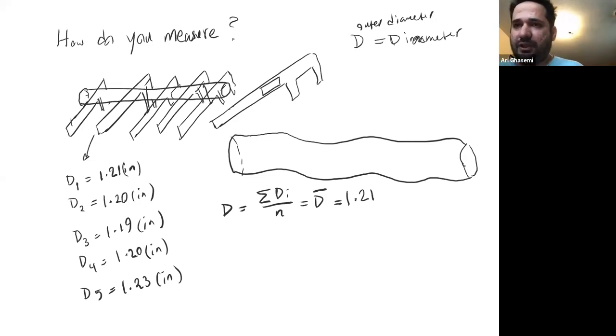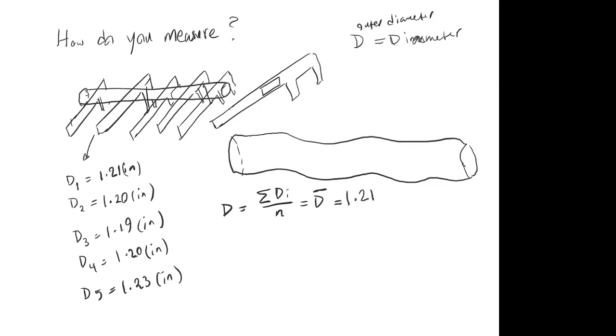What is your suggestion? What else can you provide your team to have more information about this pipe or set of measurements in this pipe? Any idea? Maybe a tolerance.